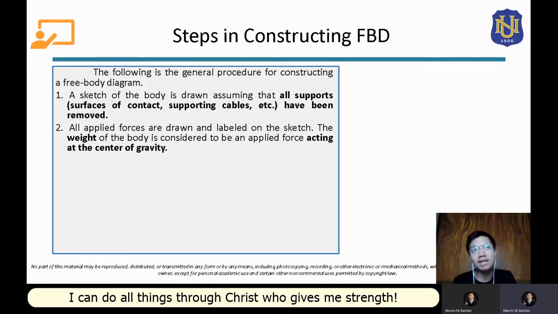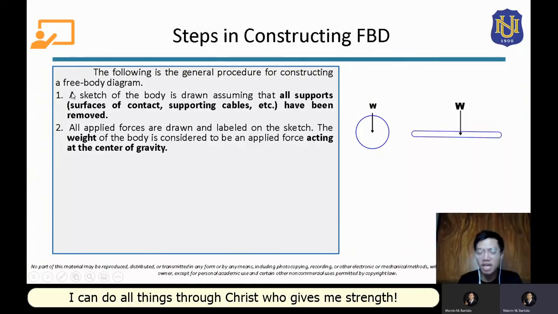Let's say your body is in the geometric shape of a circle. The weight of that body will act at its center, the center of the circle.